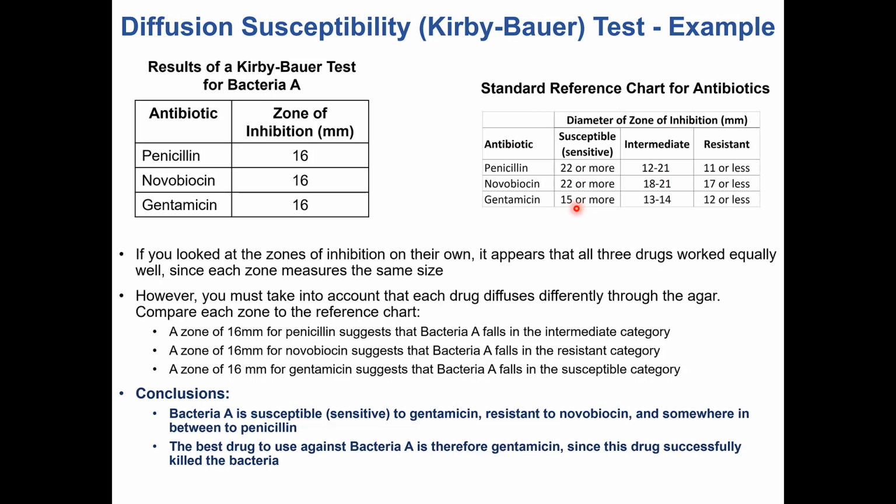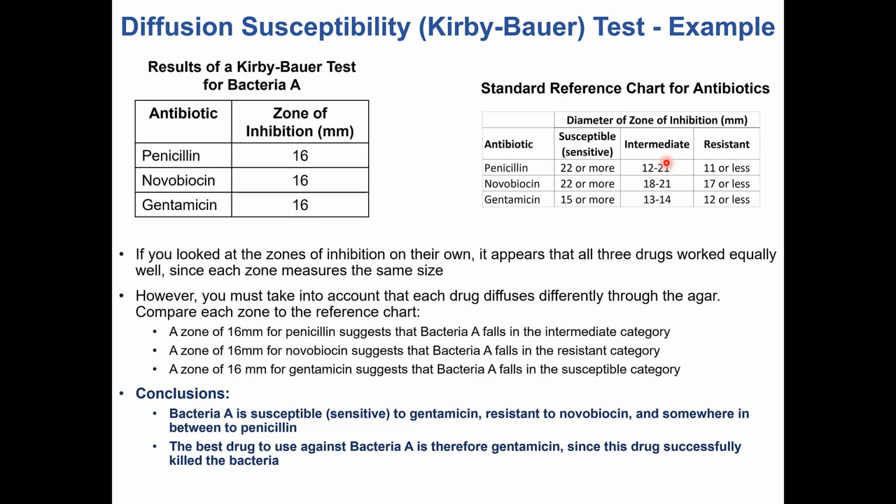So how do you make the conclusion, and what words do you actually say if someone's asking you how you interpret these test results? You do what I just did. You look at your test results, you compare the zones that you measured to the reference chart. Penicillin, a zone of 16 means intermediate.